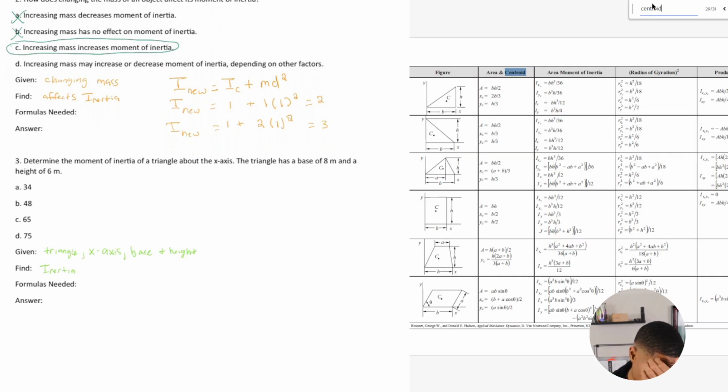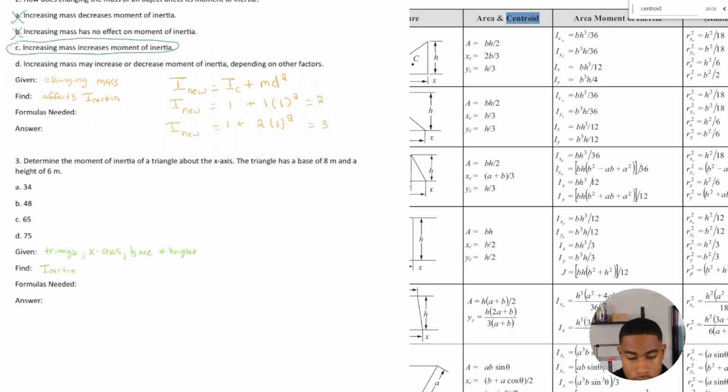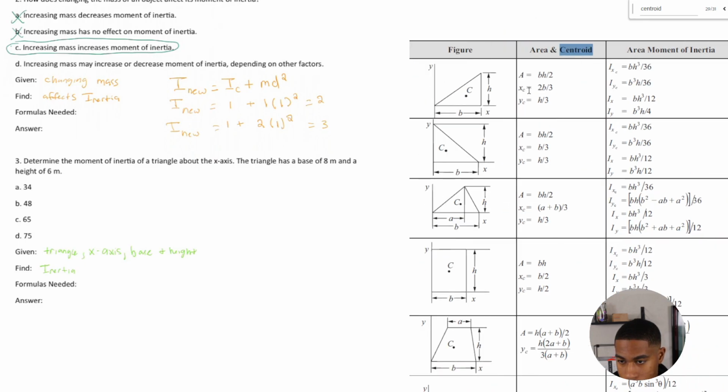And right now, that's what it's asking. So this chart, all right. So I'm going to say we're looking about the x-axis moment of inertia. So we're going to be using this equation. We want to find it about the x-axis of the shape.